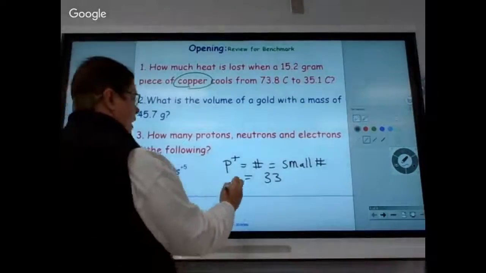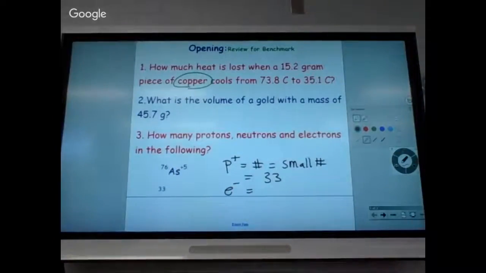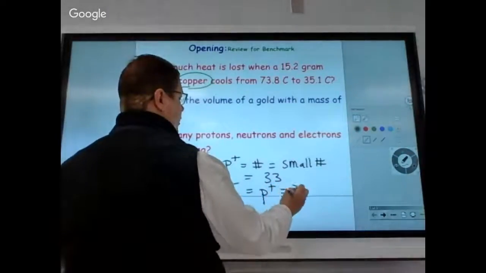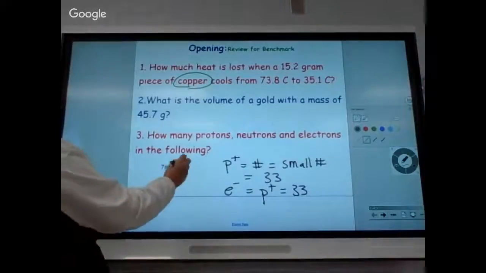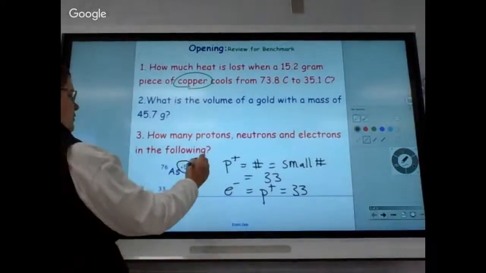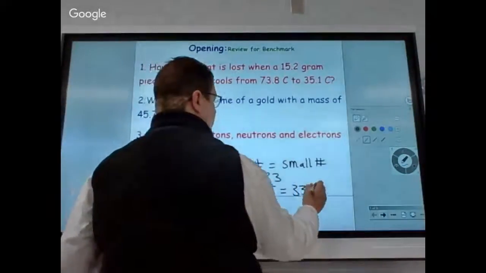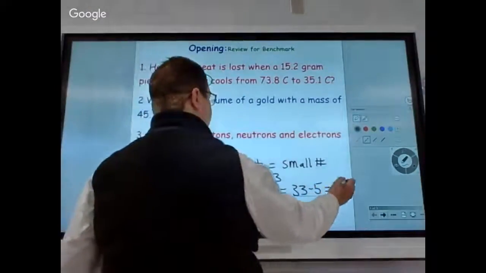So to do the electrons, how do we do the electrons? Okay. It's always the protons. So we know it's the 33. And if it wasn't an ion, we'd just stop there. But what's this +5 mean? All right. That means we lost 5 electrons. So we're going to subtract 5. So 33 minus 5 gives us what? 28.